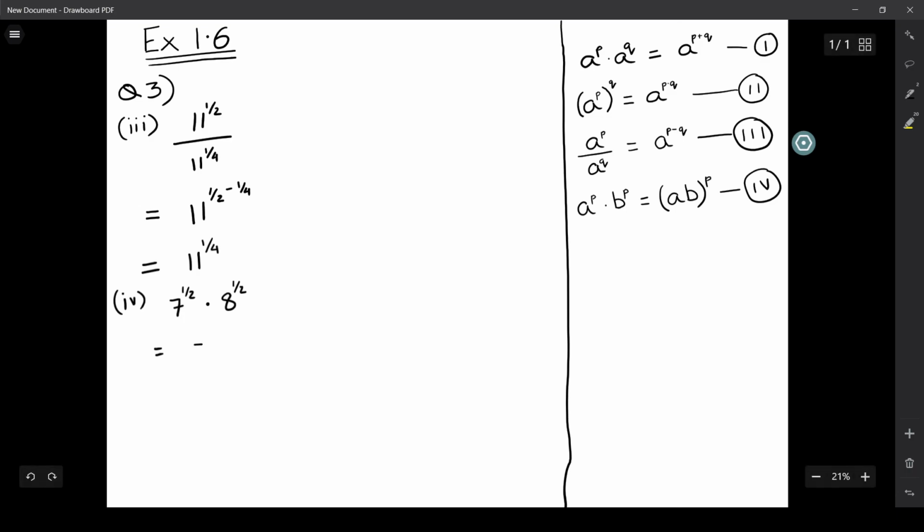So reducing this with the help of this formula, we get 7 into 8 to the power 1 by 2, which becomes 56 to the power 1 by 2. And that's the final solution.